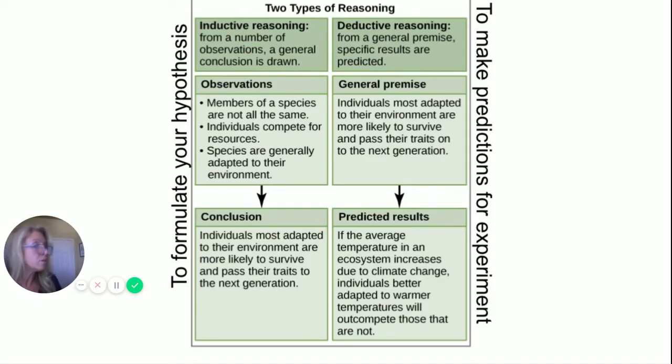So on your notes, the hypothesis, using inductive reasoning to formulate a possible explanation for a natural event. Predictions and experiments, you have deductive reasoning, you have experimental design, and then on your notes, we're going to talk about independent and dependent variables.